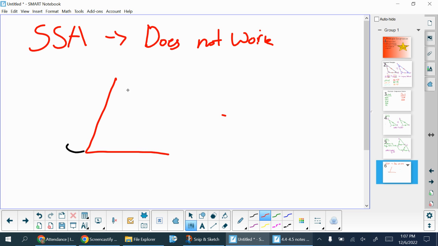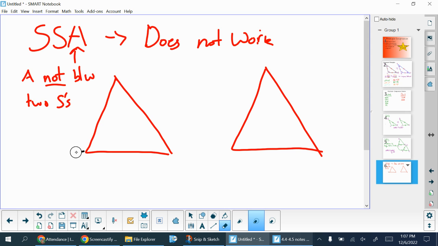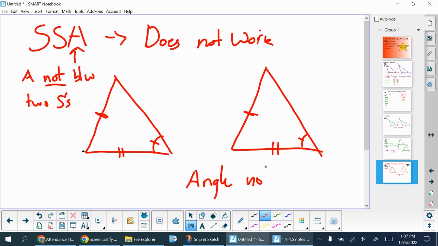What this is going to look like, different from the last one, is I still have 2 sides and an angle, but now my angle is not between the 2 S's. Which means when I go to do this on the triangles themselves, the angle is not between the 2 sides. So I still have 2 sides, but as just an example, the angle is not between the sides.